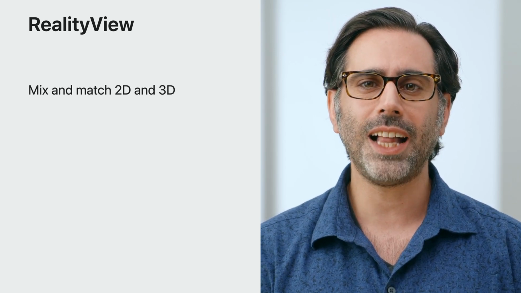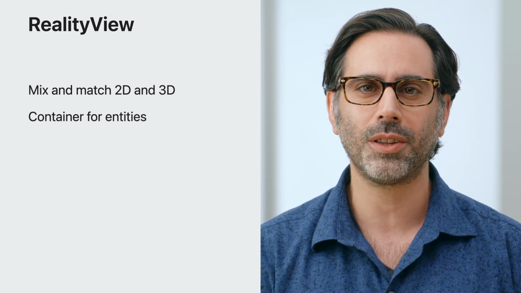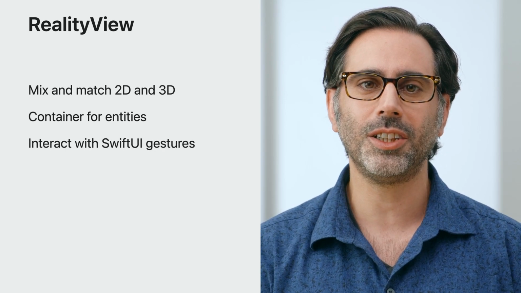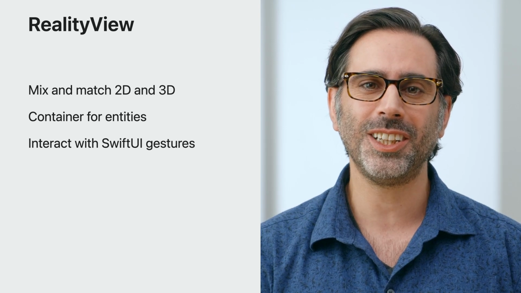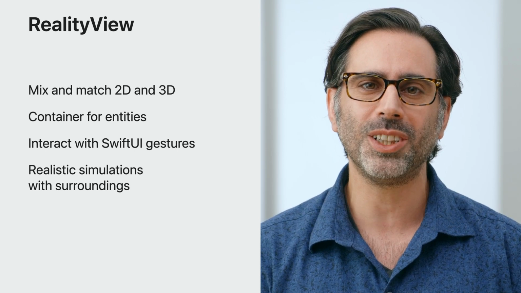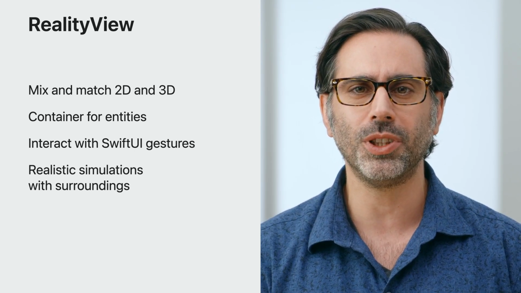You'll be using the RealityView to hold all the entities you wish to display and interact with. You can get gesture events and connect them to the entities in your view to control them. And with access to ARKit's scene understanding, you can enable realistic simulations with people's surroundings and even their hands using RealityKit's collision components.